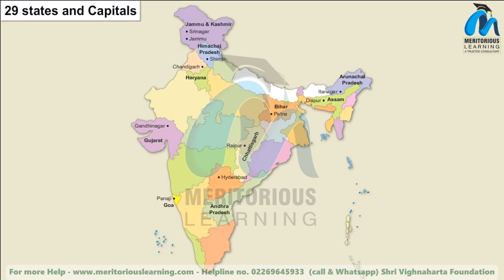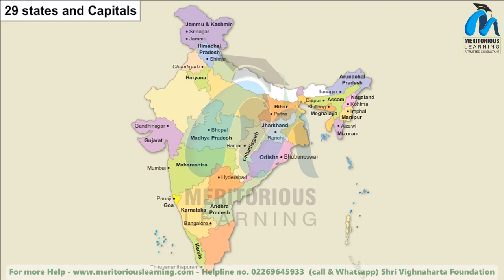Jammu, winter. 11. Jharkhand, Ranchi. 12. Karnataka, Bangalore. 13. Kerala, Thiruvananthapuram. 14. Madhya Pradesh, Bhopal. 15. Maharashtra, Mumbai. 16. Manipur, Imphal. 17. Meghalaya, Shillong. 18. Mizoram, Aizawl. 19. Nagaland, Kohima. 20. Odisha, Bhubaneswar. 21. Punjab, Chandigarh.